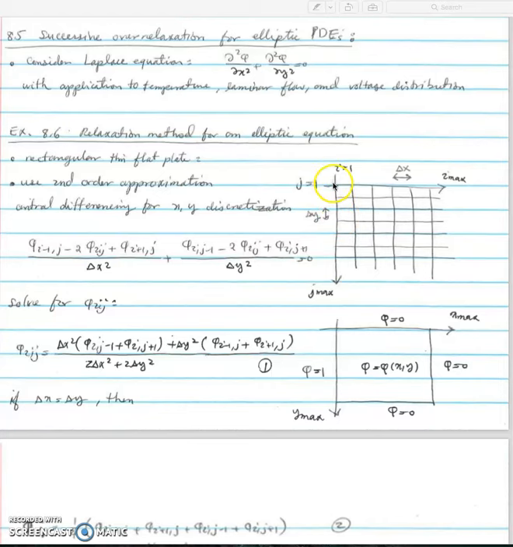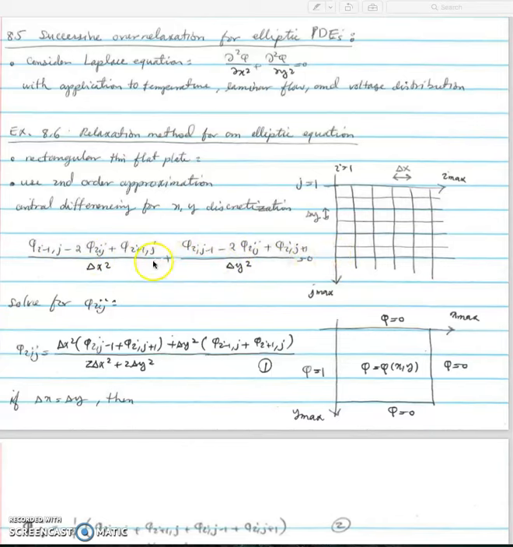So i goes from 1 to n, let's say, from left to right, and j goes from 1 to m, from top to bottom. Now, to solve the discretized form, we're going to solve for phi ij, move it to the left, and then move everything else to the right.